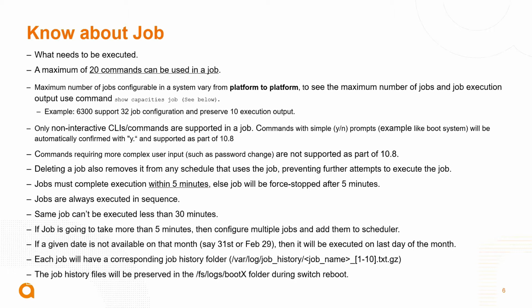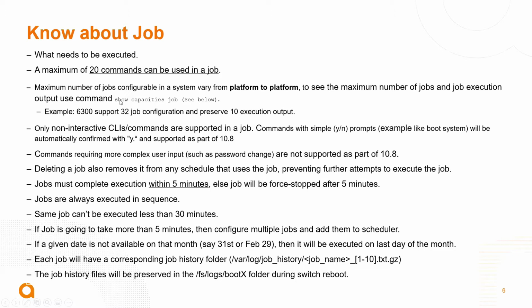Same way, you can create 32 jobs on a 6300 platform. Every platform varies depending on the capacity, because we have to save this output. When we execute these jobs, we have to keep those as persistence, isn't it, before you reload. And after the reload also, this data will be saved, and I'm going to show you as part of the demo.